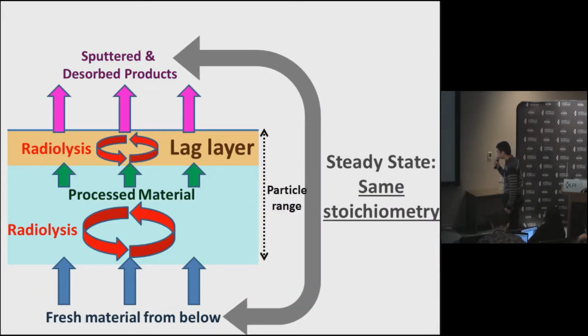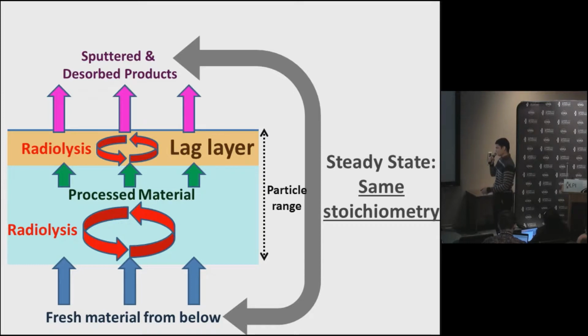And so you can think about some general constraints that this type of problem would need to satisfy. One is that when things are allowed to evolve to steady state, the atomic composition or stoichiometry of the fresh material below the process layer should be preserved in the ejected composition in that steady state.